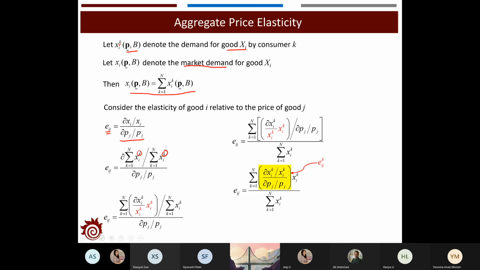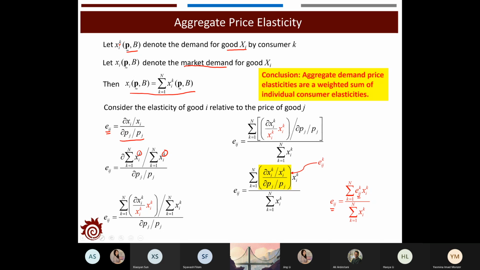For the finalized analysis, you can find that the elasticity EIJ will be the weighted sum of EIJ for each consumer K. So the aggregate demand price elasticity is the weighted sum of the individual consumer elasticity, weighted by the amount they obtained of the product I.